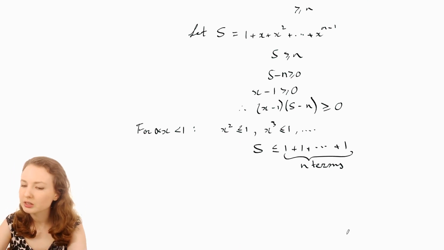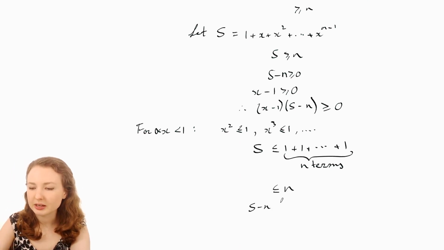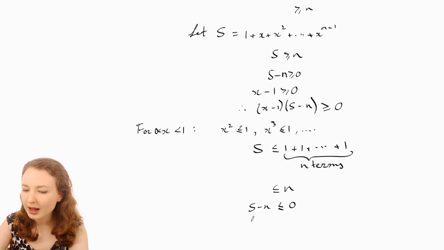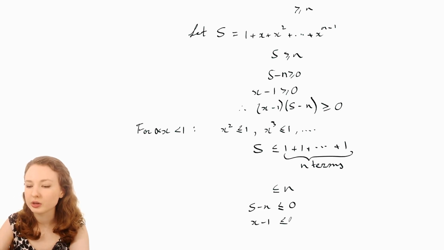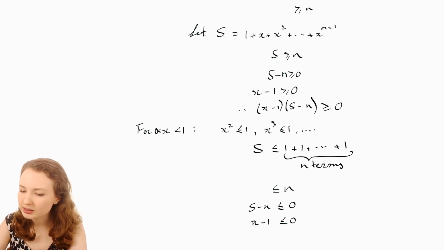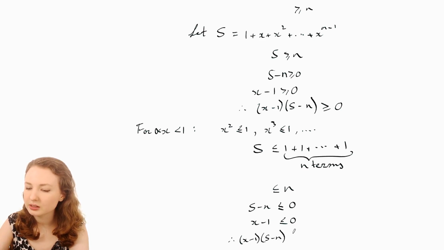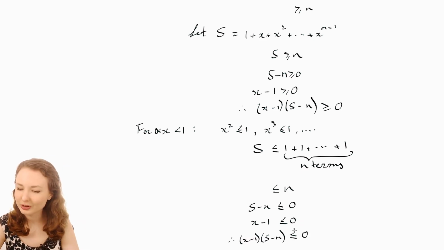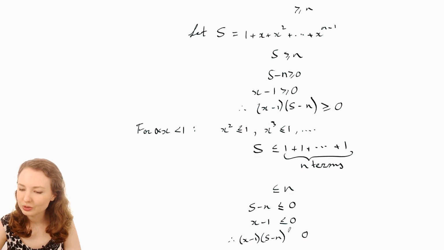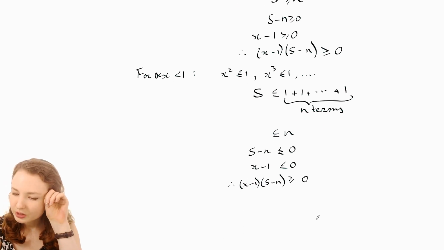So we can say that s is less than or equal to n, s minus n is less than or equal to 0, and x minus 1 is less than or equal to 0 if x is less than 1. So then we can say, therefore, x minus 1, s minus n is greater than or equal to 0 when we multiply those two, because they're both negative.